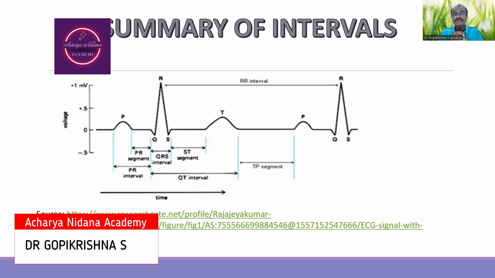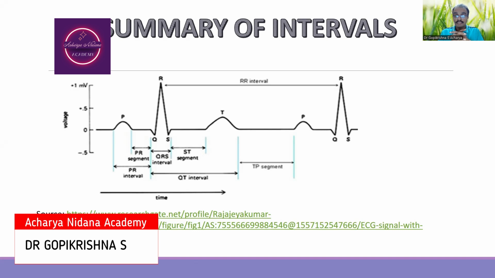Apart from waves, the ECG contains intervals. PR interval, that is 3 to 5 small squares. QRS interval, less than 3 small squares. QT interval, up to 11 small squares.